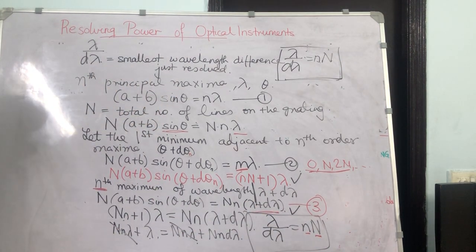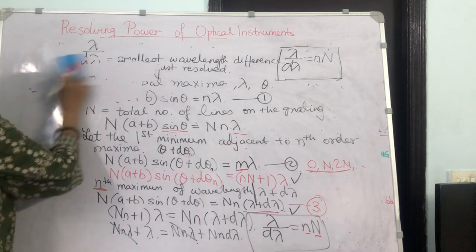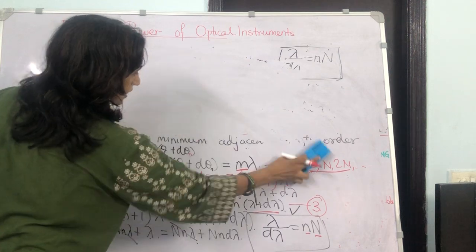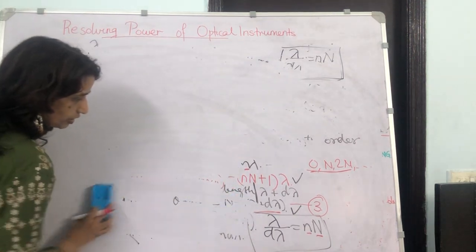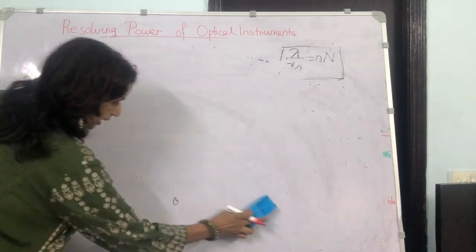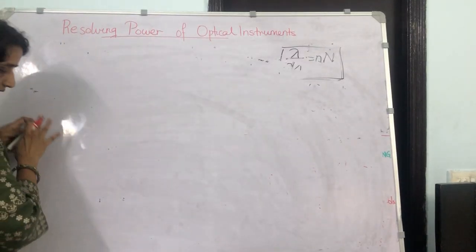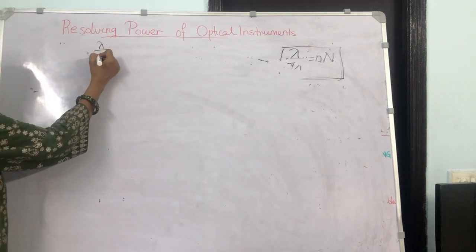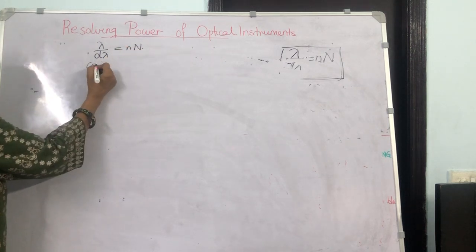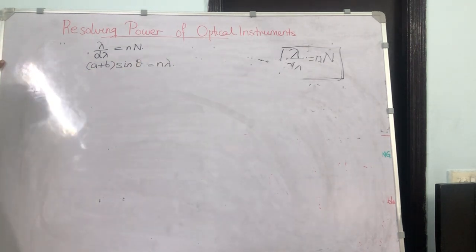And also you can write this expression in terms of theta. Very easy. You can just put small n in terms of theta, and you can write the expression for resolving power. Lambda upon d lambda is equal to nN. One more way of writing it: lambda upon d lambda is equal to nN. (a plus b), the grating equation, sine theta is n lambda, right?